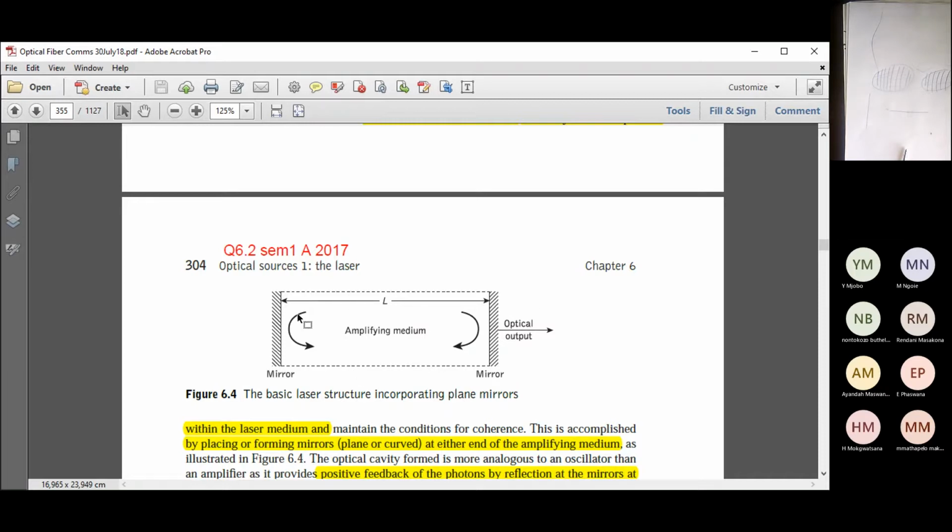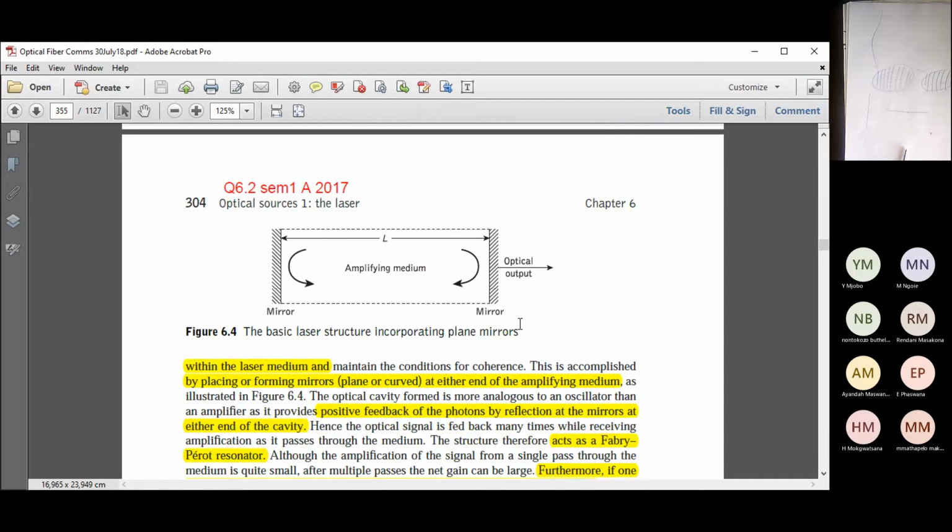Now the laser will amplify it inside this block here. And the stimulated emission will happen here on these mirrors on the left and right hand side. It's charged with a voltage, and these two mirrors are opposite each other in the Fabry-Perot chamber.